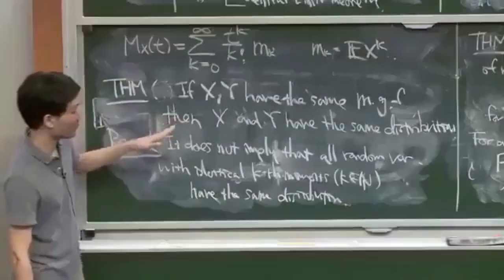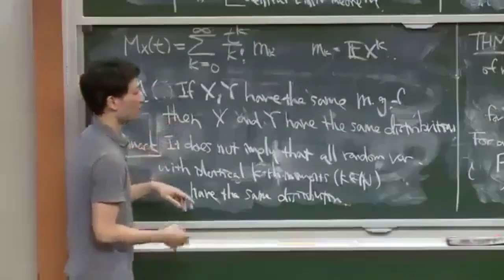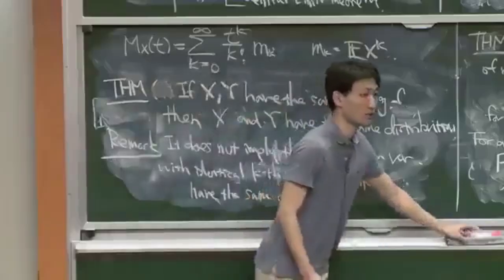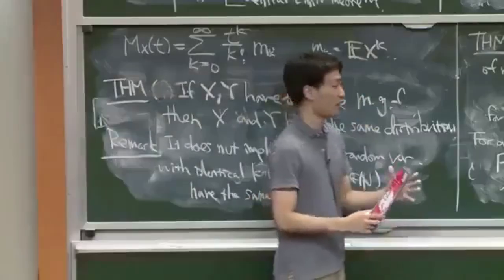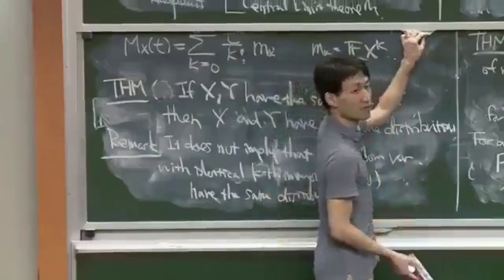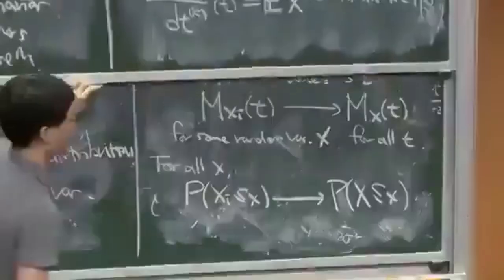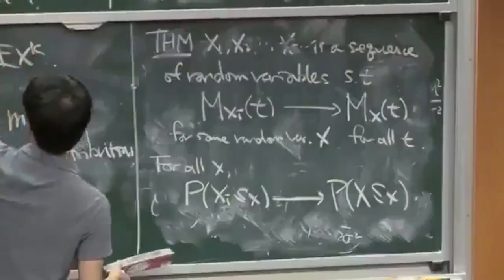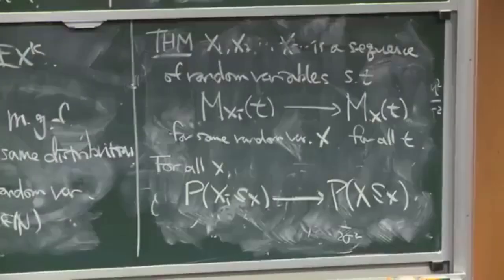So as you can see from these two theorems, the moment generating function, if it exists, is a really powerful tool that allows you to control the distribution. You'll see some applications later in the central limit theorem. Any questions?